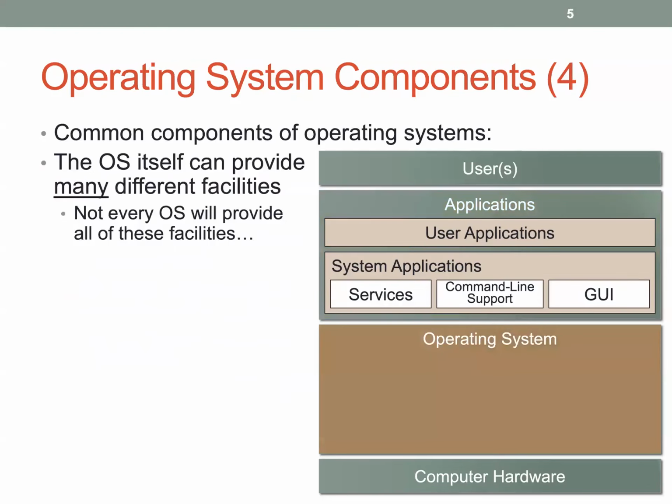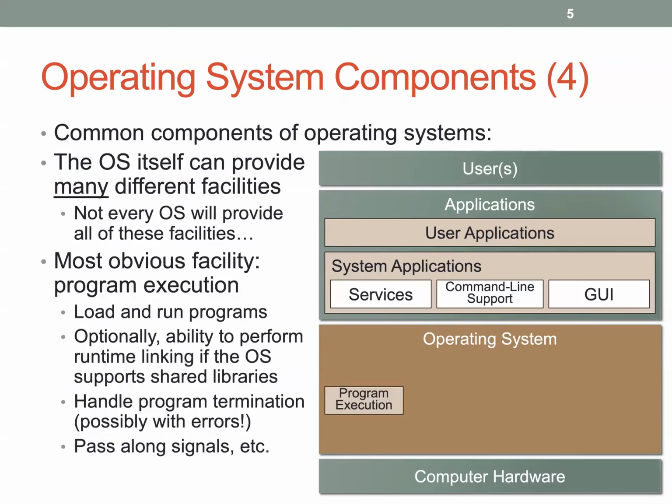Now the OS itself may do a lot of different things, and not every operating system is going to do all the things that I'm about to tell you about. One of the most basic features is the ability to run programs.